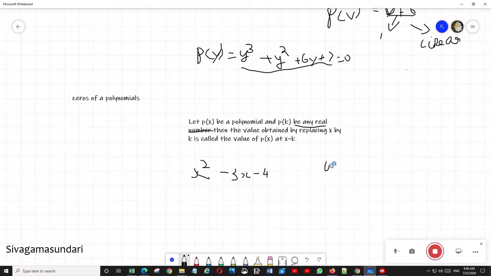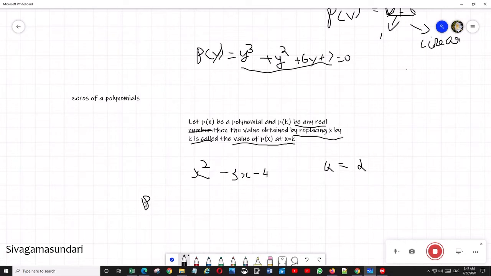Let k is equal to 2. Then the value obtained by replacing x by k is called the value of p of x at x is equal to k. Now let's replace x by k, where k is equal to 2.